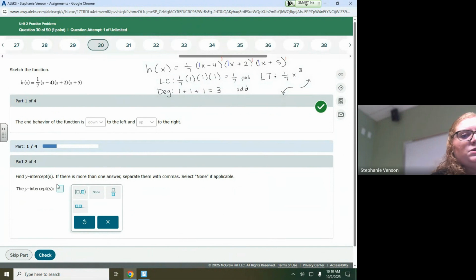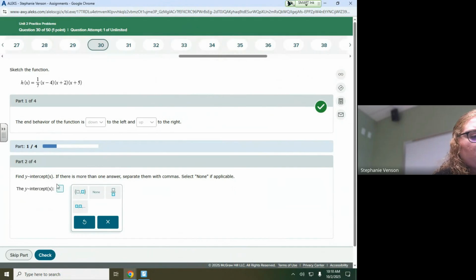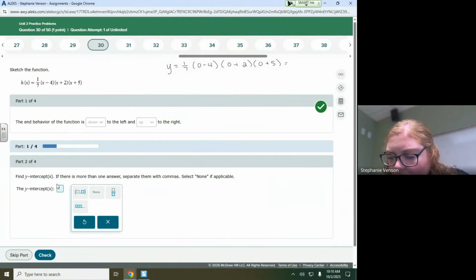So the y-intercept is where we let x = 0. So that would be 1/7 times 0 minus 4 times 0 plus 2 times 0 plus 5. So it would be 1/7 times -4 times 2 times 5.